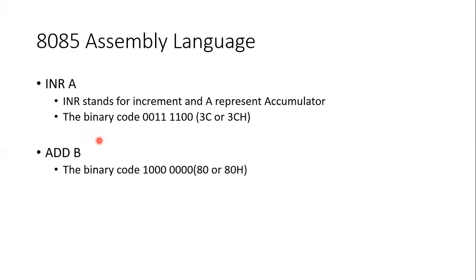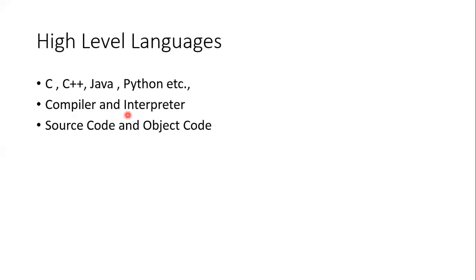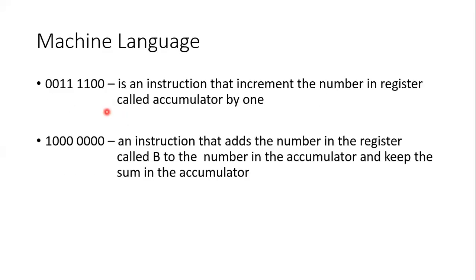Now, assembly language. Already we have seen machine language. The instruction is in binary code, so we use mnemonics instead of the binary digits. So what is called an assembly language? For example, you see that 0011 stands for the increment.